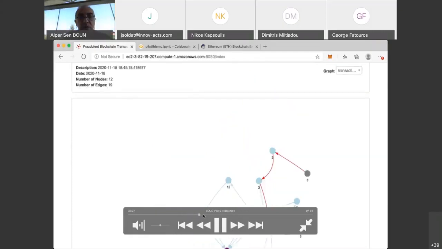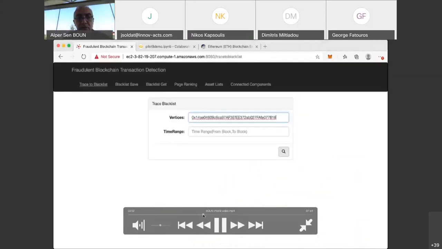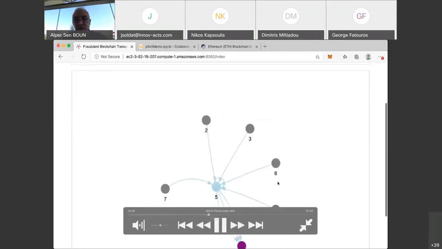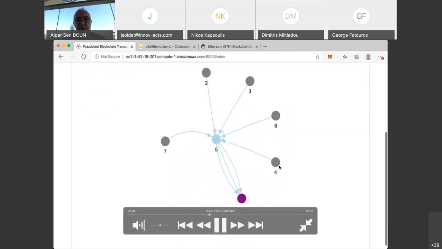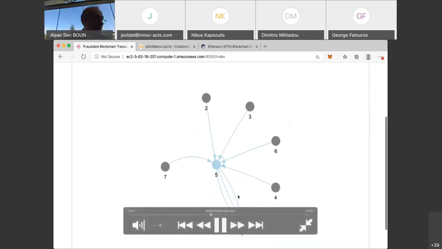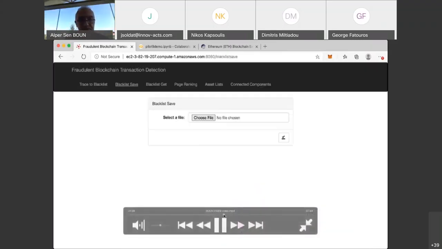Over here, we can also start traces from multiple blacklist nodes. In the previous example, I showed a single originating blacklist address and a destination customer address. You could do the same thing from multiple blacklist addresses to your customer. That's another functionality that we allow in our system.